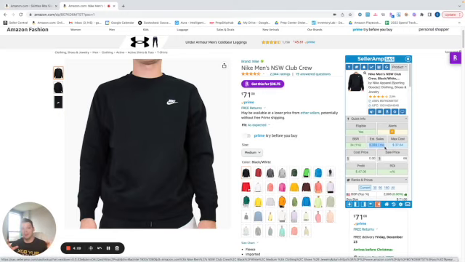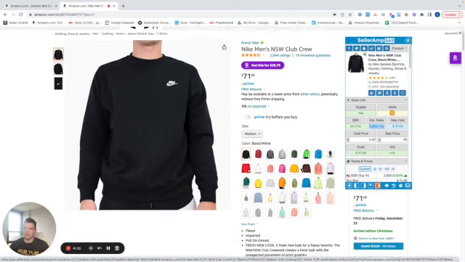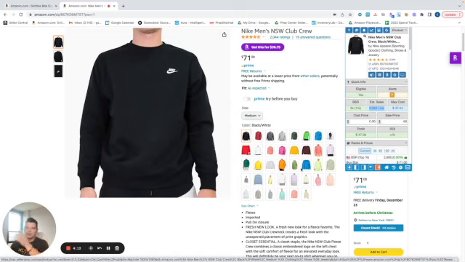But then we have to do the diversification between what is the velocity across all these different styles. Because if we're talking about shoes, we all agree that a size 14 doesn't sell the same as a size 8 and doesn't sell the same as a size 10 or 11. So we have to identify how much relative velocity each of the different styles on the variation listing we're looking at are earning, to account for that in our estimation of how many sales we could expect.